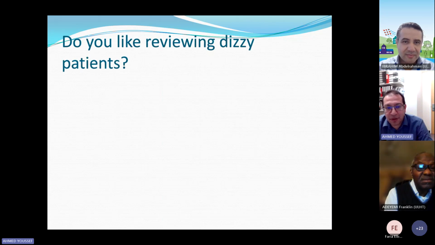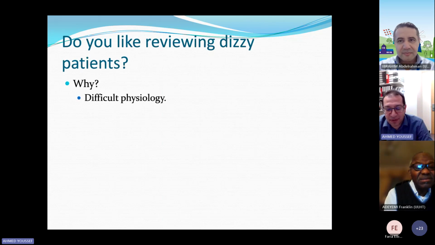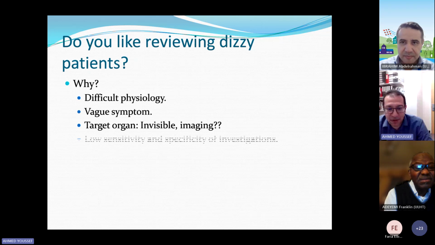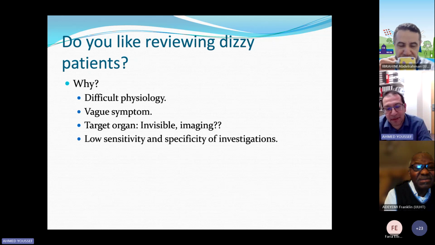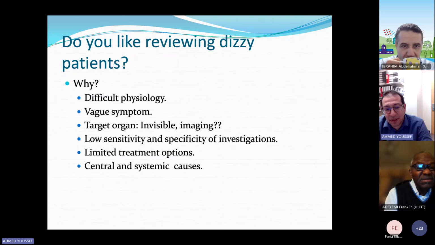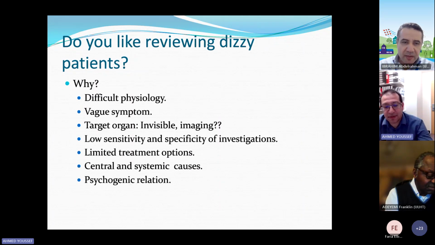I don't want to waste time on this, but it is just an opening. Why do we, as ENT doctors, find it difficult to see dizzy patients? There are genuine reasons for this.